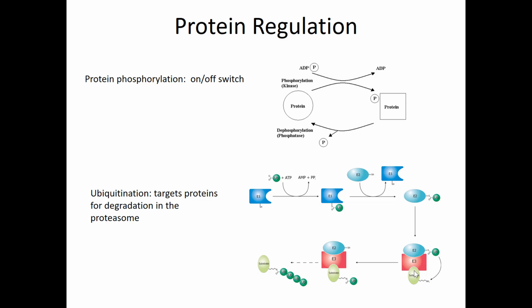And then after that, if you're not going to shut down the transcription of it, the cell still maintains control over expression, more in how much rather than whether or not it happens at all, by either regulating the rate of transcription with activators or repressors, or regulating the rate of mRNA production by modifying pre-mRNA, or just modifying the protein itself. So the cell maintains levels of control over regulation at each level of gene expression.